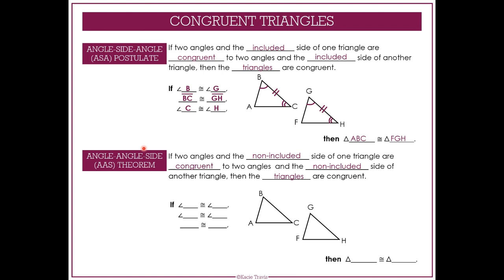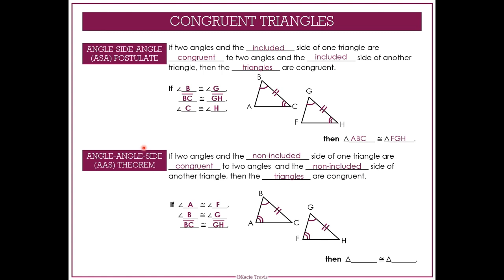So if we have two angles on our triangles, let's say we're looking at A and F and B and G, the non-included side is a side that's not in between these two, right after we get past G. So if I go up from A to B or from F to G, my non-included side would be BC and GH.